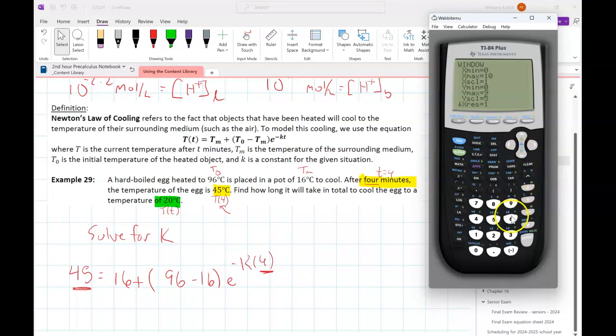Really, 16 is as cool as this thing could get, because it's being dunked in 16-degree water. Everybody's okay there? But if you did 0, it shouldn't make any difference. So there's my cooling curve, and there's my 45 degrees. So the K was real small. That's okay. Second, trace, intersect command, enter, enter, enter. So the K was about 2.54.